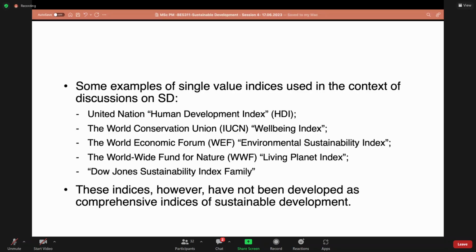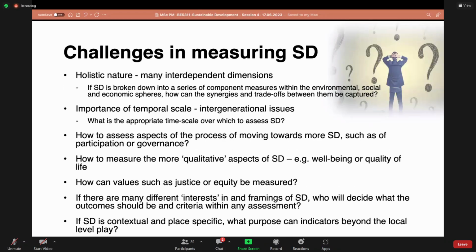Some might be looking more at environmental issues, so things like the Living Planet Index might be more about the environmental aspects. The Human Development Index might be more about the social aspects. So there is a lack of one index that is addressing all three pillars in an equal way.